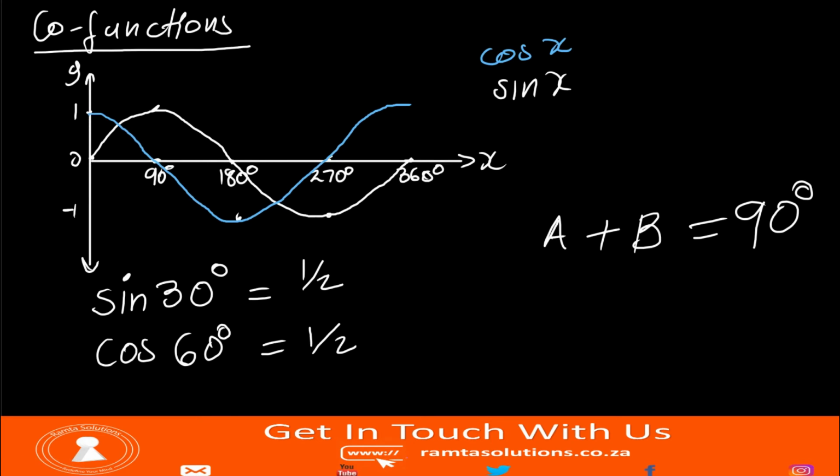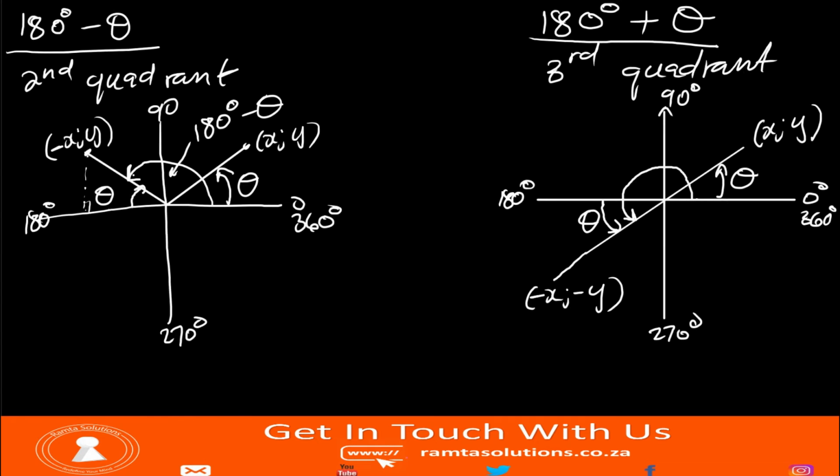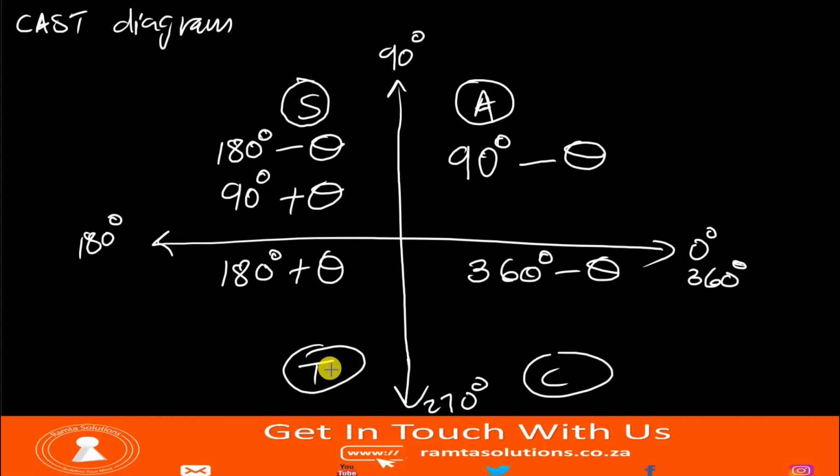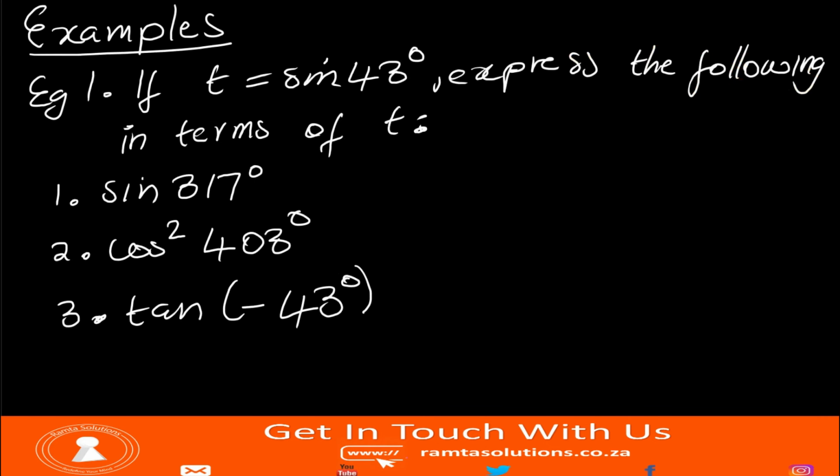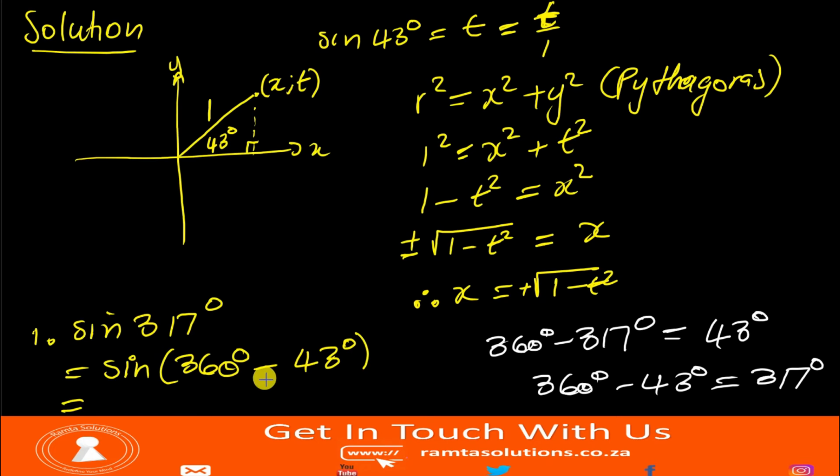Remember the CAST diagram? What did we say? We said all students take coffee. So in this quadrant, only cosine is positive. So because you are in the 360 minus quadrant, sine is negative.